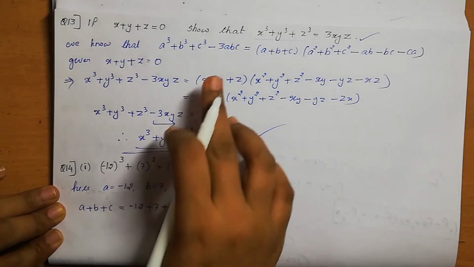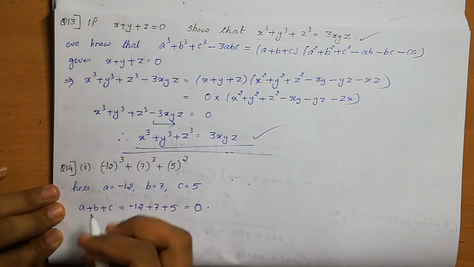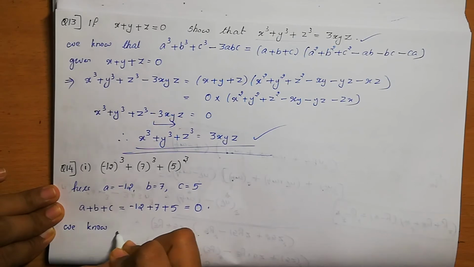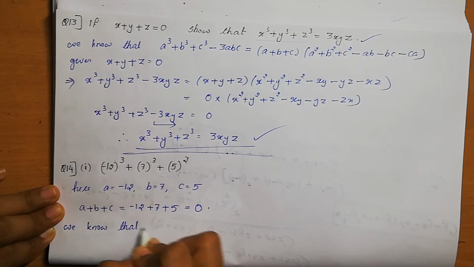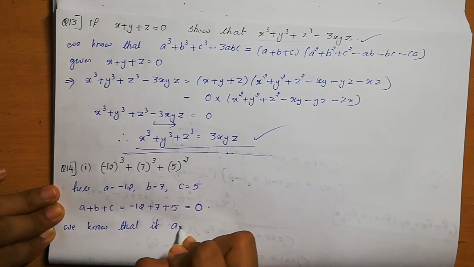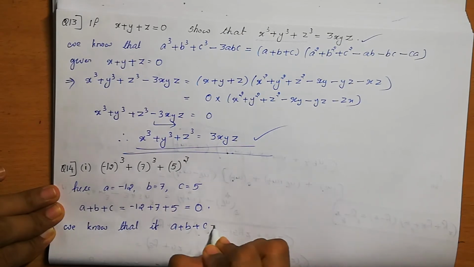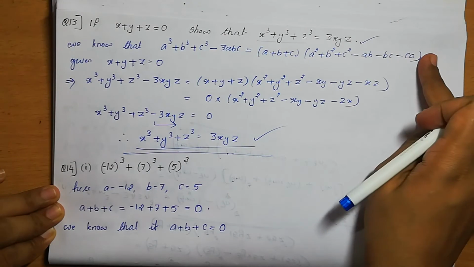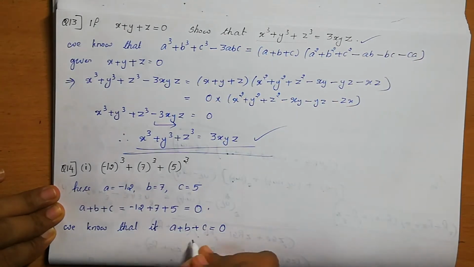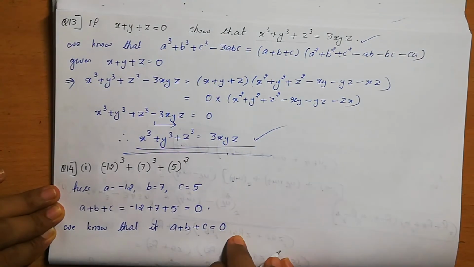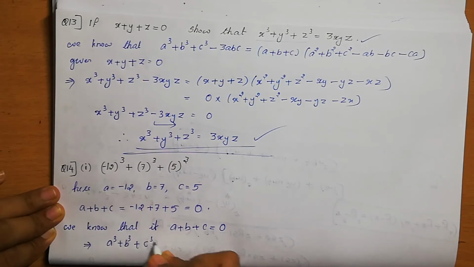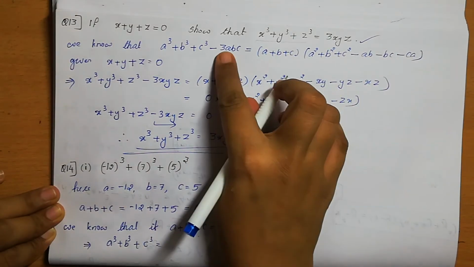We know that if a plus b plus c is equal to 0, the whole term becomes 0 only, right? Then a cube plus b cube plus c cube equals 0 plus 3abc, shifting the minus 3abc.